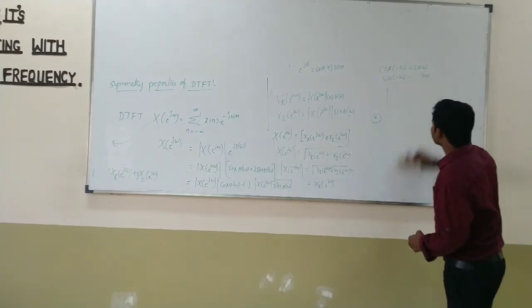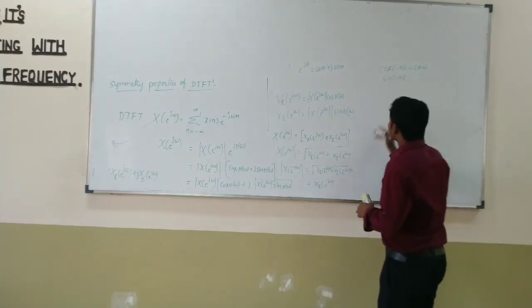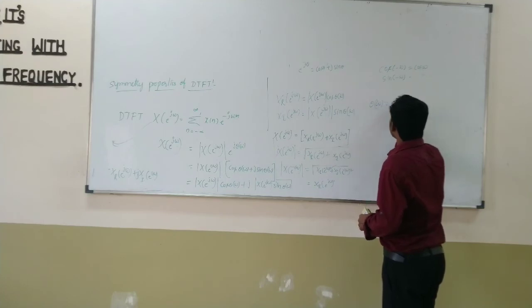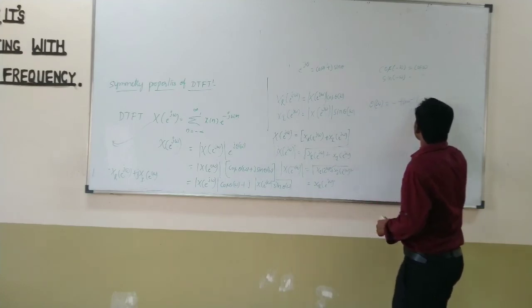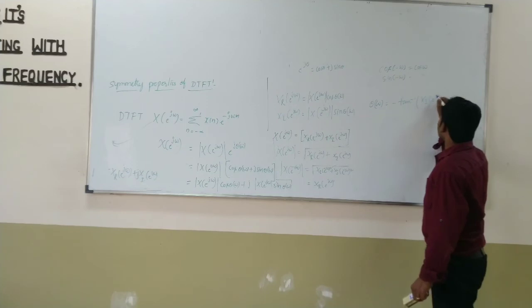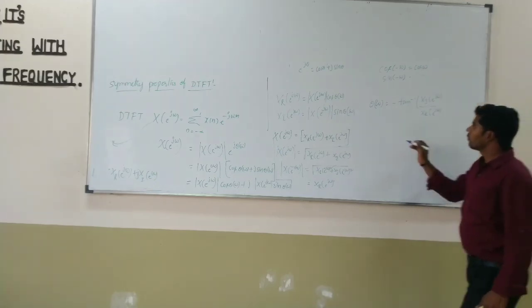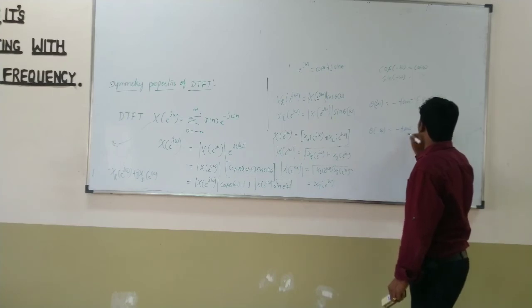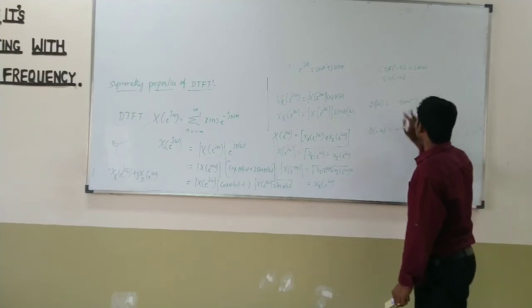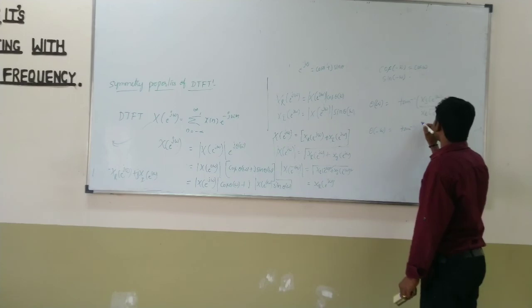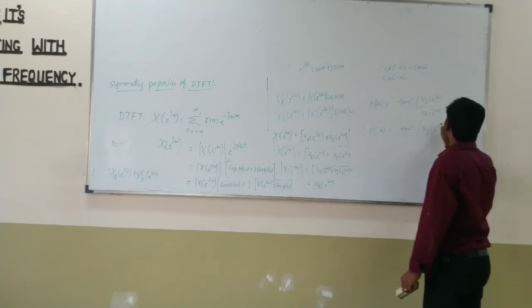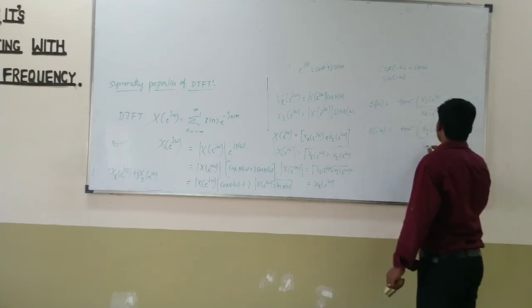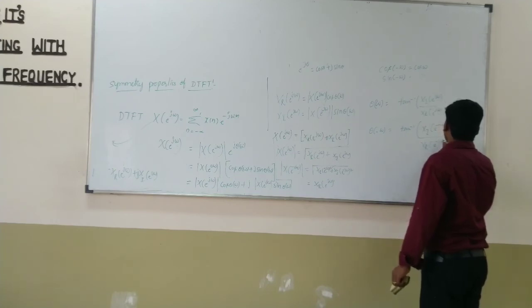Generally theta of omega is nothing but the phase, so theta of omega is equal to minus tan inverse of X I of e power j omega divided by X R of e power j omega. This is the general representation. If we find theta of minus omega, it is minus tan inverse of X I of e power minus j omega divided by X R of e power minus j omega.